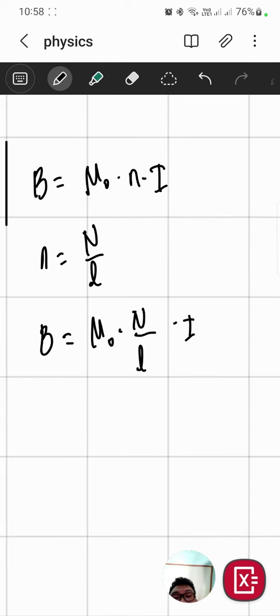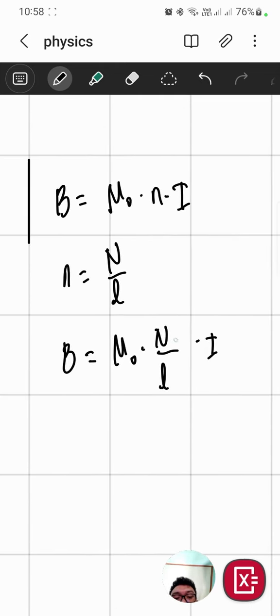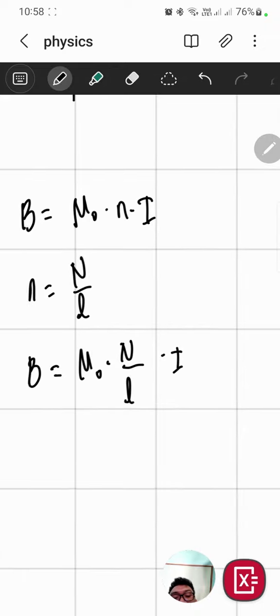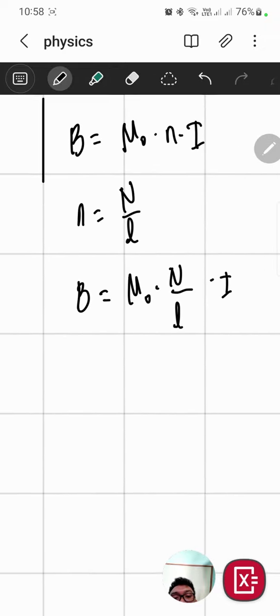And N over L is the turns over the length, times the current flow.